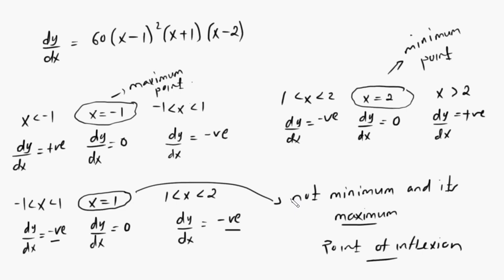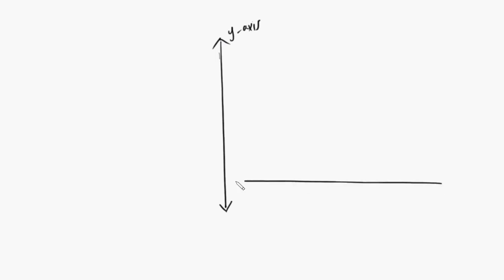Let me draw the graph now. You can see it, okay? So it's like this. So I have my y-axis here. So this one now is my y-axis. And then I have my x-axis here.